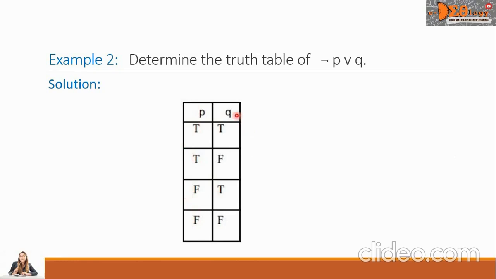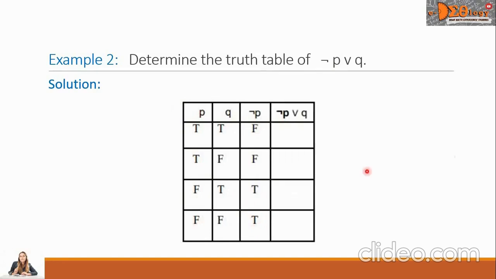For the Q, we write the alternating true, false, true, false. Next, let us write the third column, that is for not P, based on the given problem. So we will negate the P. So the T here now becomes false, T becomes F, false becomes true, F becomes T.